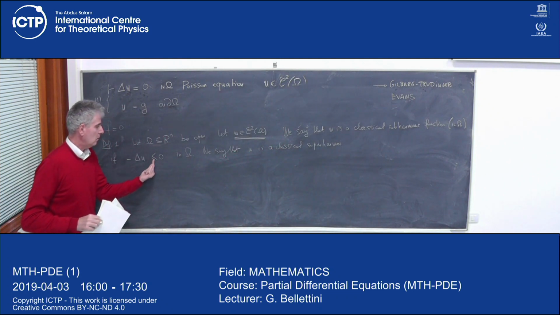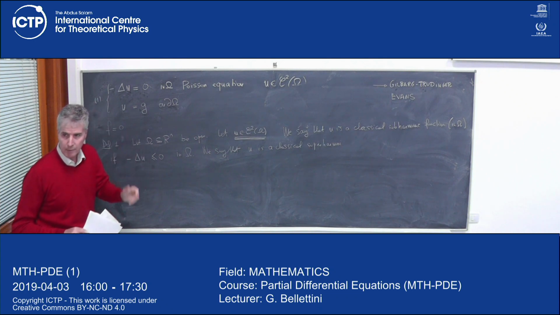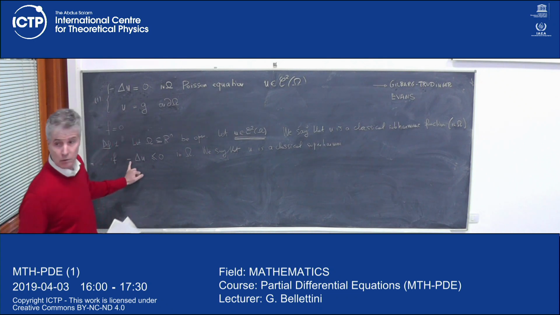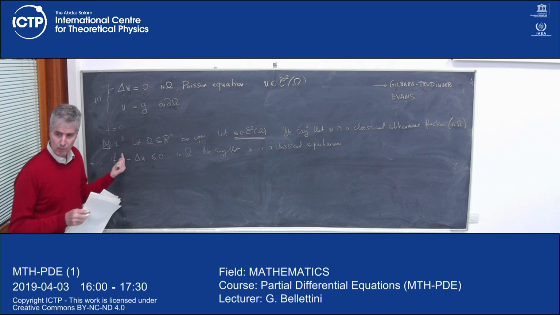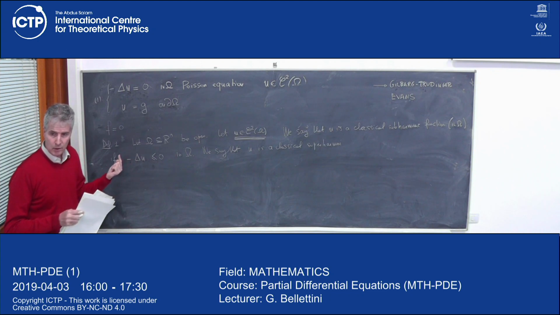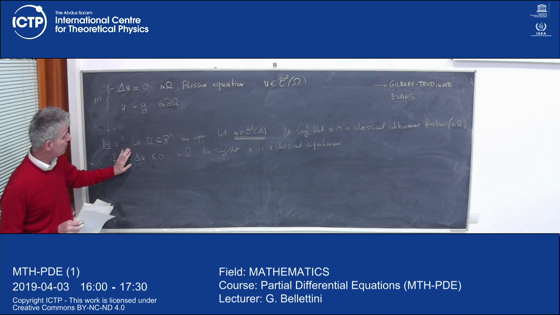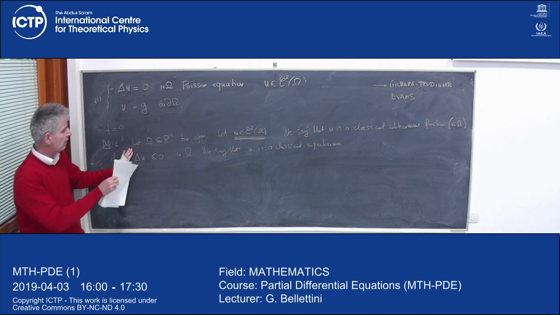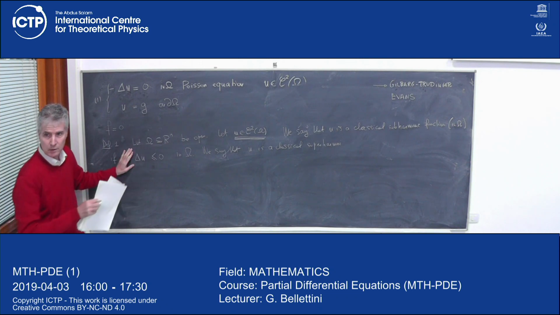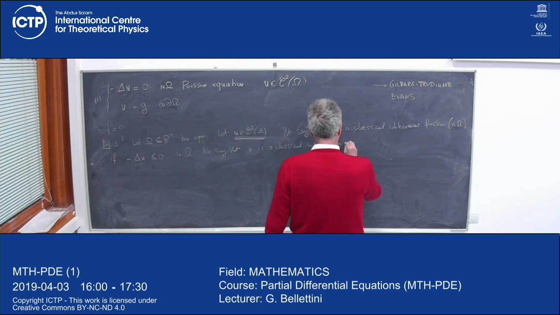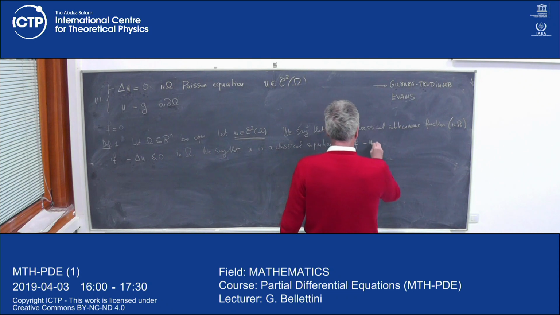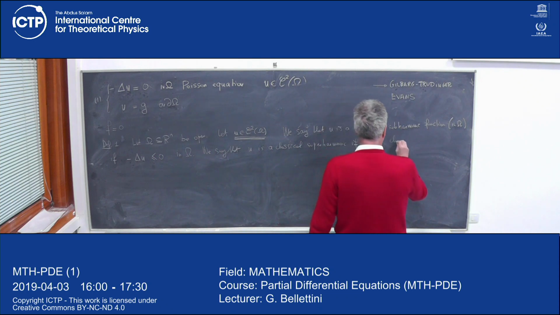Somehow we have the less than or equal, sub and less than or equal. There is a way to remember, maybe, with the minus. This is one of the reasons for which maybe it's convenient to use the minus, because if you avoid the minus, then you say that it's subharmonic if Laplace of U is larger or equal. So, we say that U is classical superharmonic if minus U is classical subharmonic.